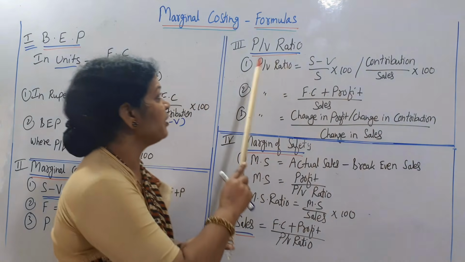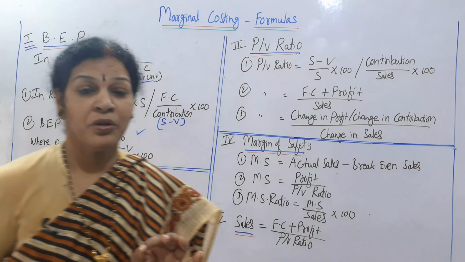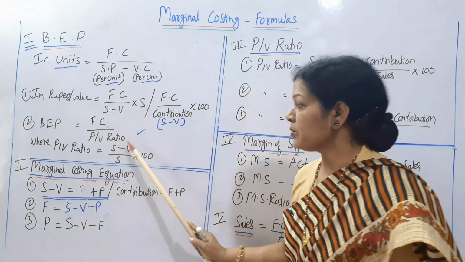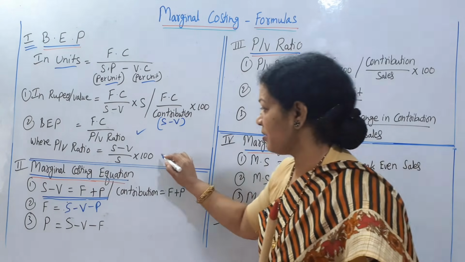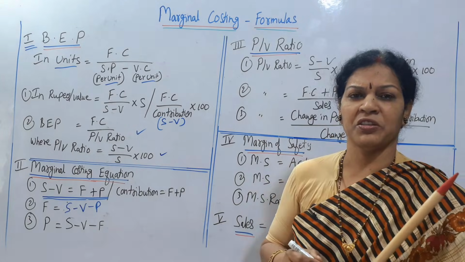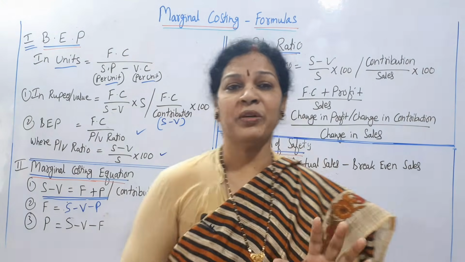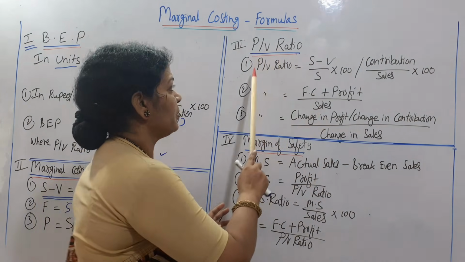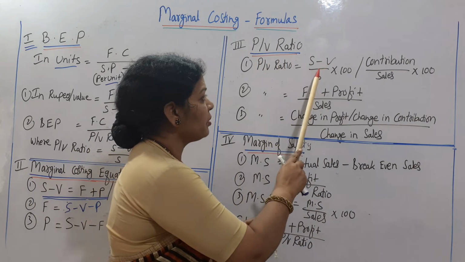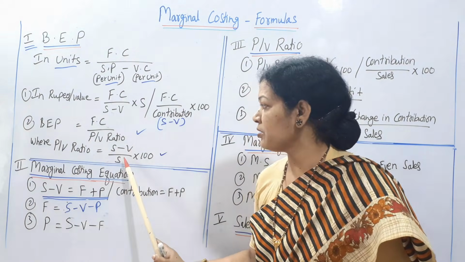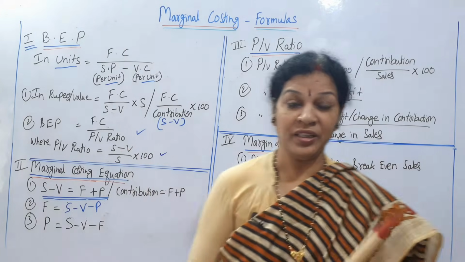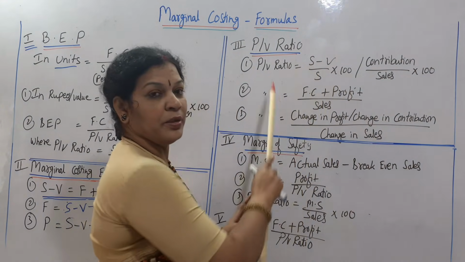Next, PV ratio. PV ratio, as I told you, is S minus V by S into 100. This is the basic equation, the general usage equation. Apart from that, we have some more formulas also. First one: PV ratio is equal to S minus V by S into 100, the same one. So this is the general formula.